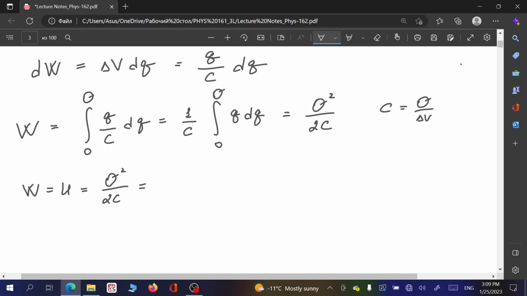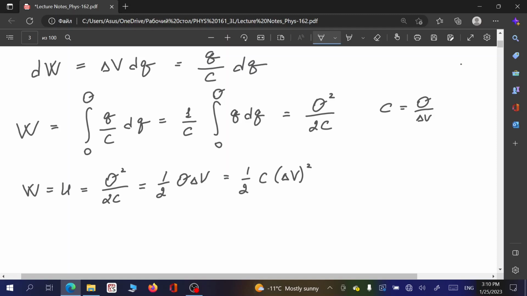Then we can write that it will be 1/2 Q times delta V, or one more option, that will be 1/2 C times delta V square. So we just consider different parameters because sometimes you are given a different set of parameters, so you can use different equations in order to determine the work or the energy accumulated in the capacitor.